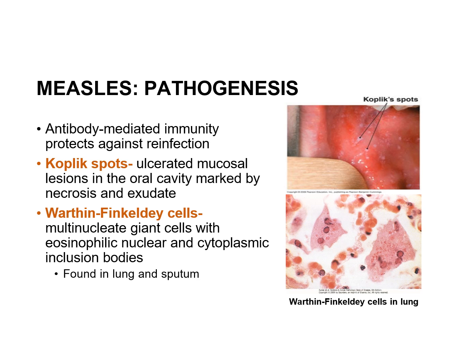Then we have the Warthin-Finkeldey cells. These are the ones histotechnicians remember forever. They are multinucleated giant cells with eosinophilic nuclear and cytoplasmic inclusion bodies. They are typically found in lung tissue and sputum. These cells form because measles causes cell fusion, basically forcing cells into an awkward multinucleated group project no one asked for.